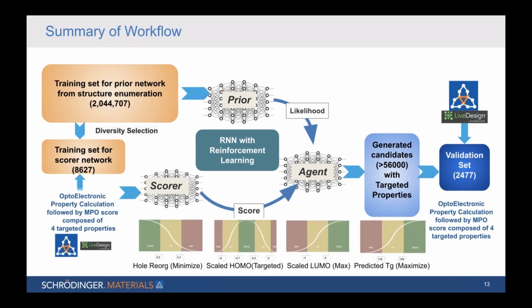For the training set, as I mentioned earlier, we're considering 4 different properties: hole reorganization energy, scaled HOMO, scaled LUMO, and the machine learning predicted glass transition temperature.